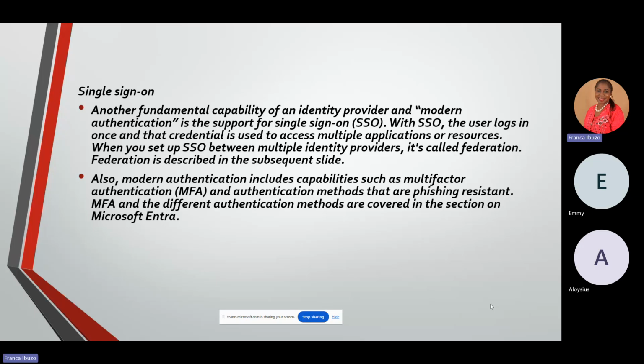What's MFA again? Can somebody remind us? Multi-factor authentication. What does it mean? You already know what authentication is, so what's multi-factor authentication?